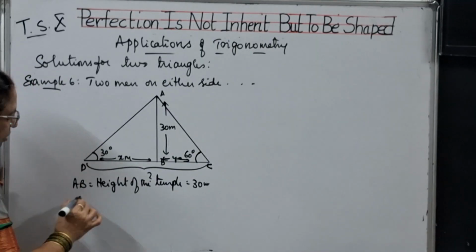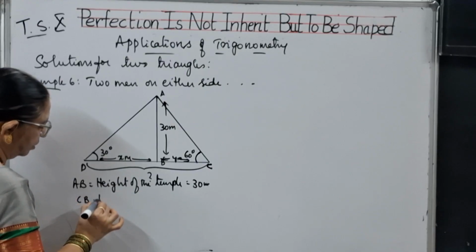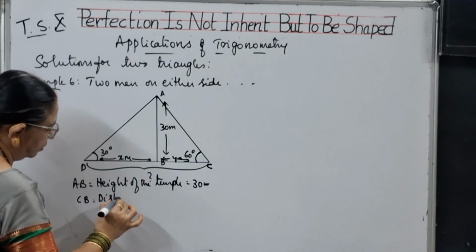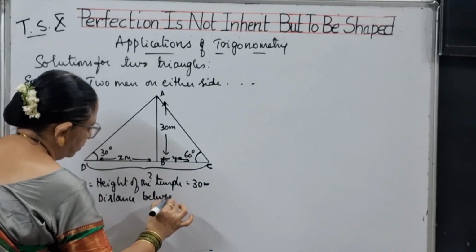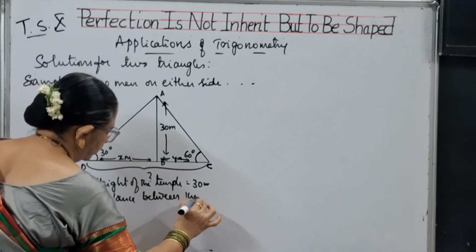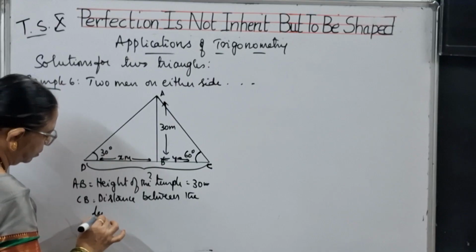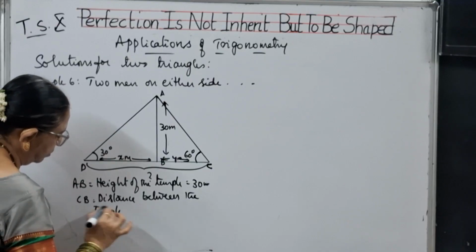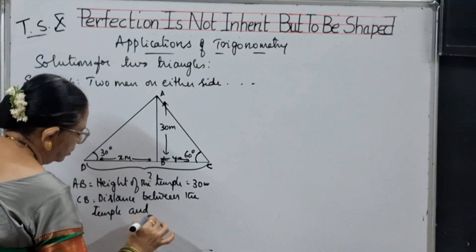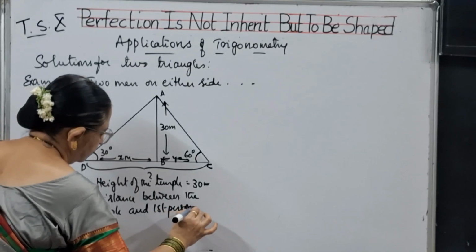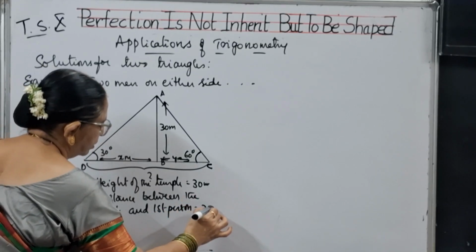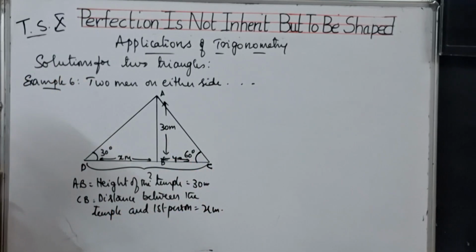DB is the distance between the temple and the first person, that is equal to, I am considering this as x meters.